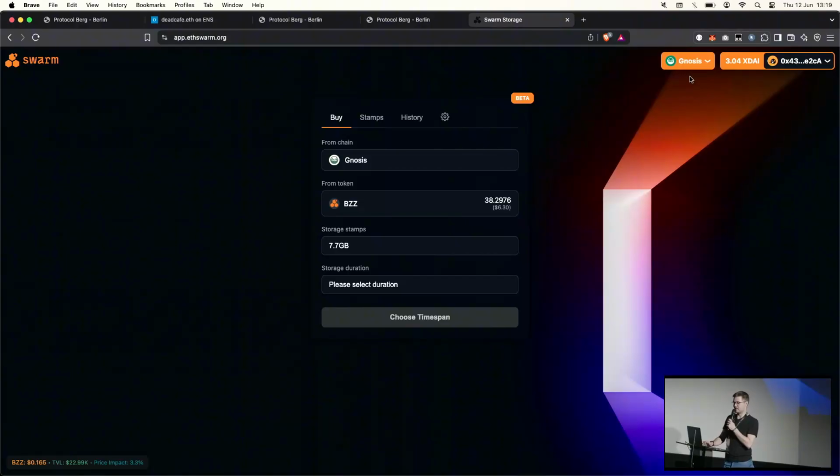It uses a proxied Bee node behind the scenes, so this is not decentralized, but the network behind it, of course, is. You would create your postage batch here by bridging or swapping the token automatically, create the postage batch, and then upload. So this is one example of an app that you can use to deploy other decentralized apps.